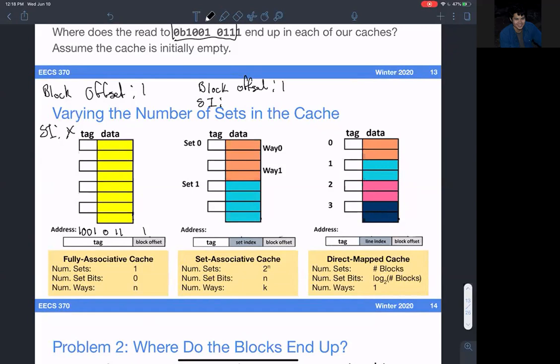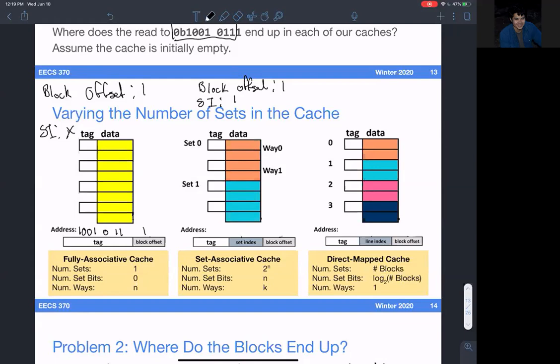And if we're addressing into 2 things, how many bits do we need to do that with? Yeah, so our block offset is still 1, and our set bit is also 1 because we have 2 sets.